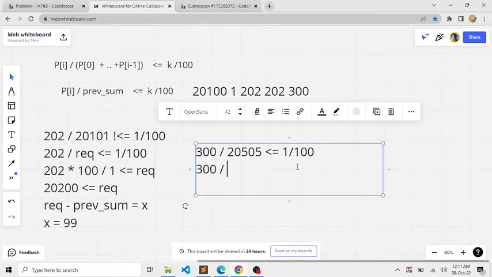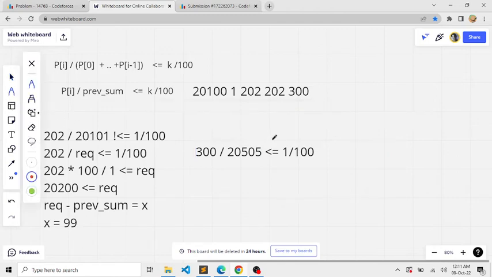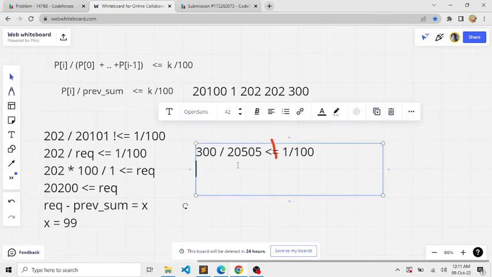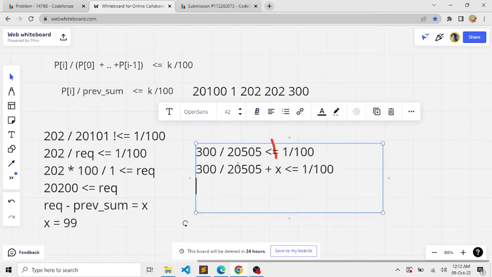300 divided by... if we first try to calculate the answer, you will be able to see that this value is greater and the condition is not followed. So in order for this condition to be true, we'll need to add some value x to the denominator, 505 plus some required or x, so that the condition would be true.